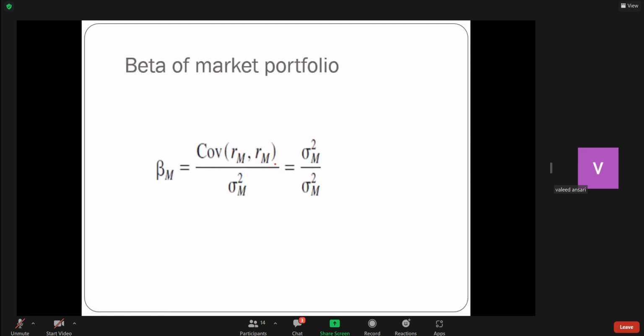For instance, please recall that when I told you that the covariance of security 1 with 1 is the variance. For example, if you are to find the sensitivity of Nifty with itself, naturally it will be the covariance of RM, that is the return on market, that is Nifty, with itself, which is nothing but the variance.